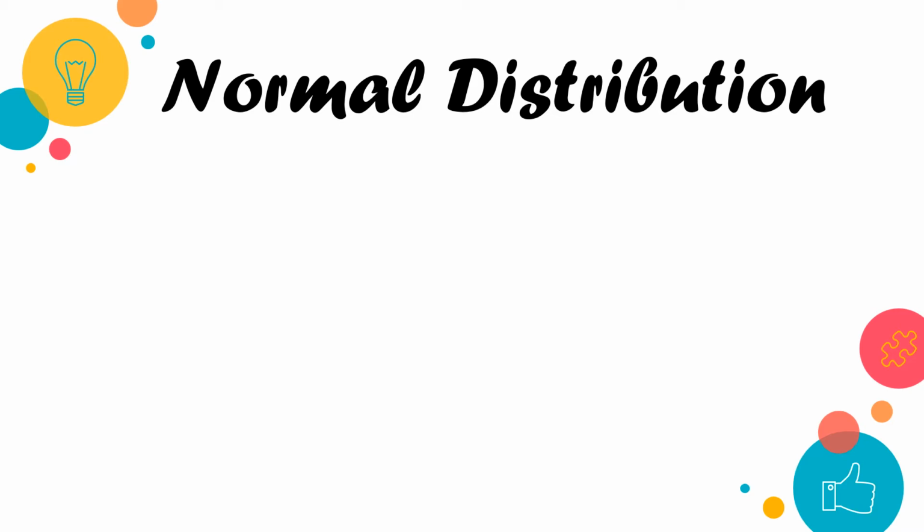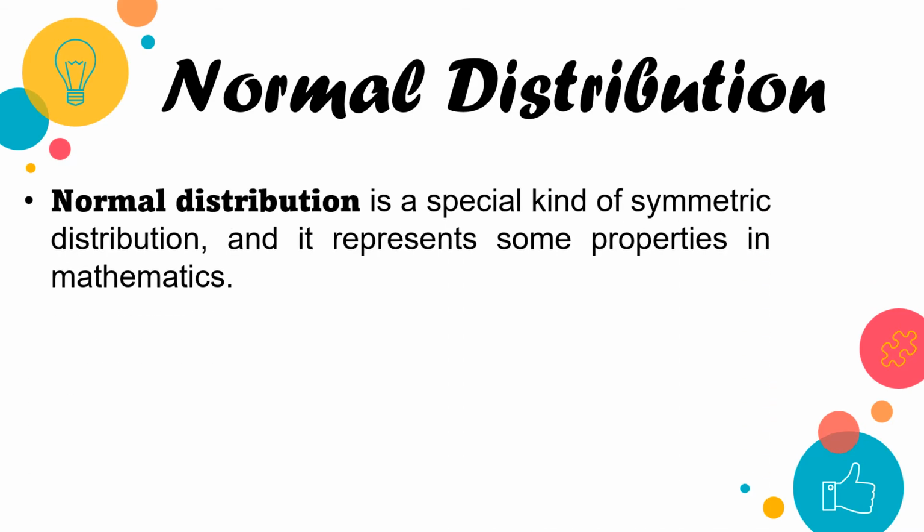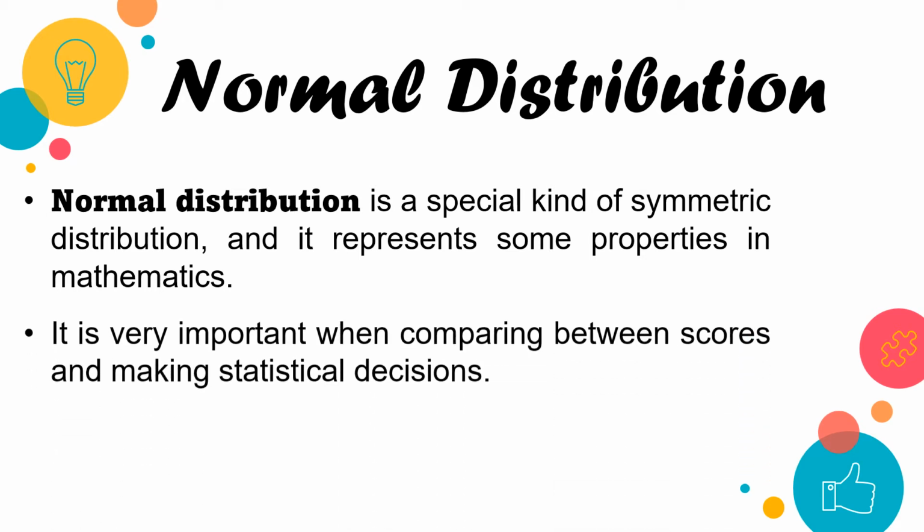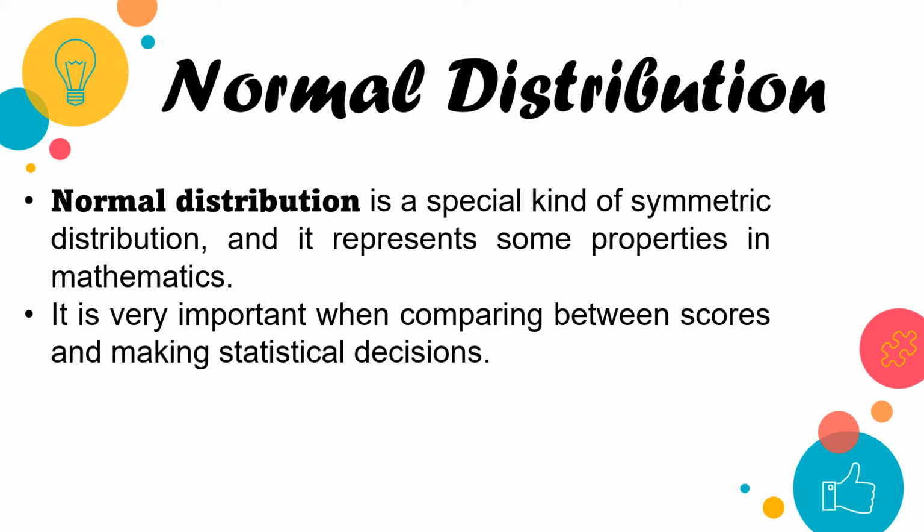The end tails of the curve can be extended indefinitely on both sides and are asymptotic to the horizontal line, meaning the line does not touch the horizontal line. Normal distribution is a special kind of symmetric distribution, and it has important properties in mathematics. It is very important when comparing scores and making statistical decisions.